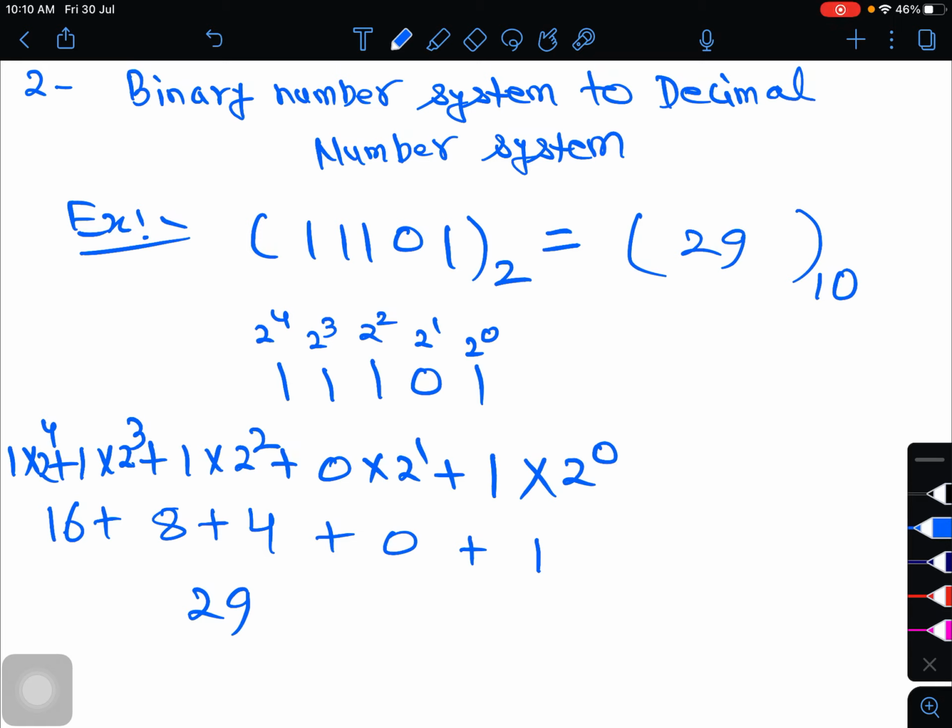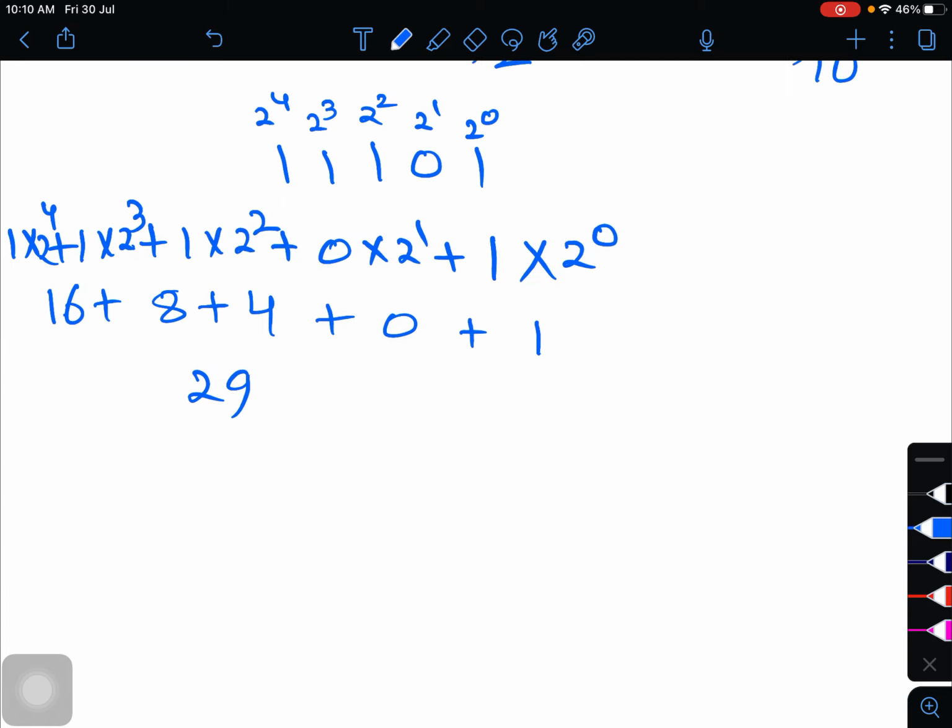Similarly, we can convert from decimal to octal number system.